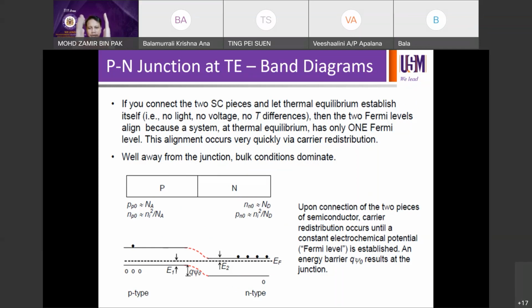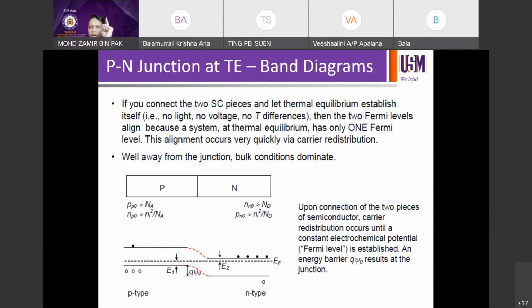Sekarang kita dekat thermal equilibrium, kita dapat single EF, then the barriers are there, they have stopped the diffusion. Maknanya dia macam lock in the original condition, due to the barrier. Macam kalau you pergi physical training, you have to lompat tembok tu, nak pergi ke belah sana.